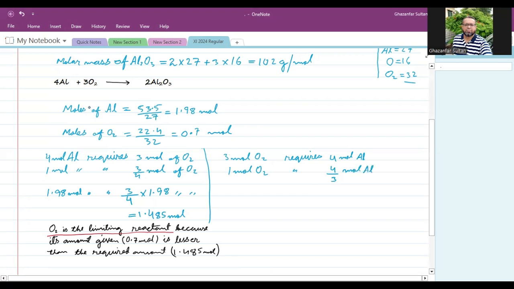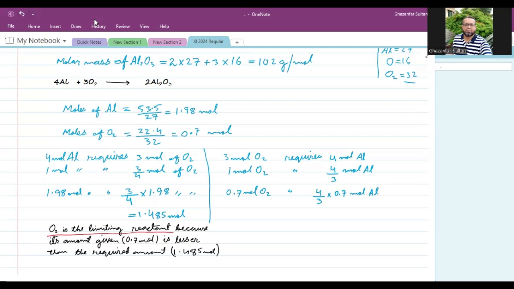And how much oxygen is given here? It is 0.7 mole. So 0.7 mole of oxygen requires 4 upon 3 times 0.7 mole of aluminum. Now you can calculate using your calculator.